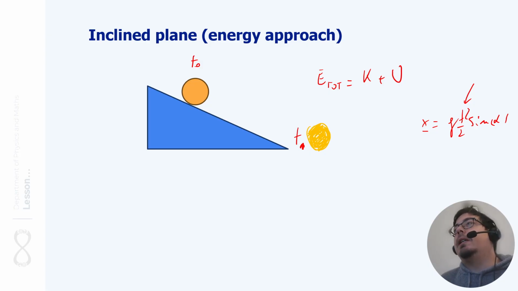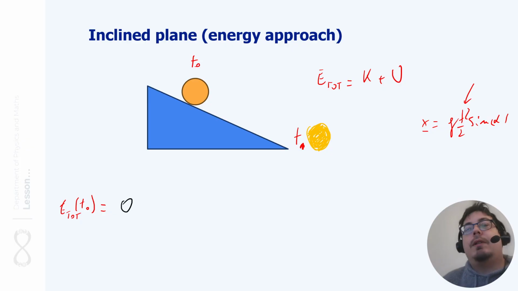So the kinetic energy in the first case is 0, because the total energy at time 0 will have 0 kinetic energy, because the initial velocity v0 equals 0.